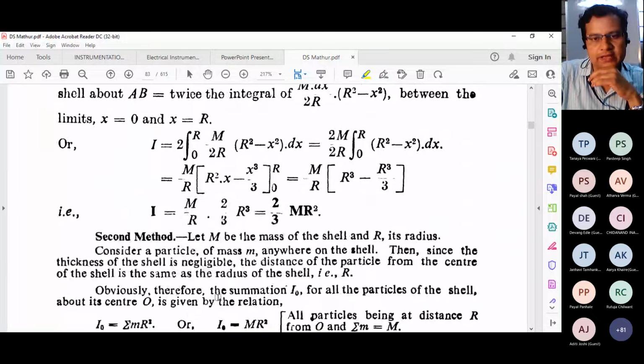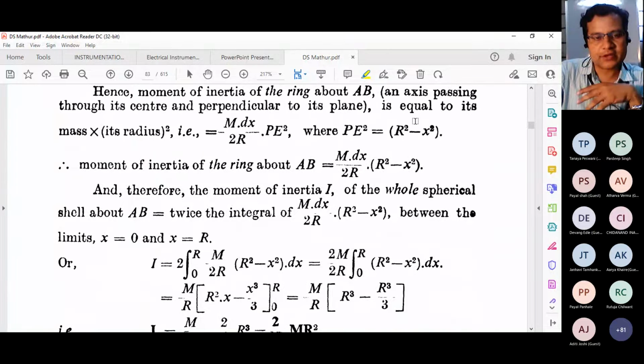So PE will be the square root of R square minus X square, but we need only the radius square. So the whole moment of inertia of that particular ring about its diameter AB will be m dx upon twice r into r square minus x square.